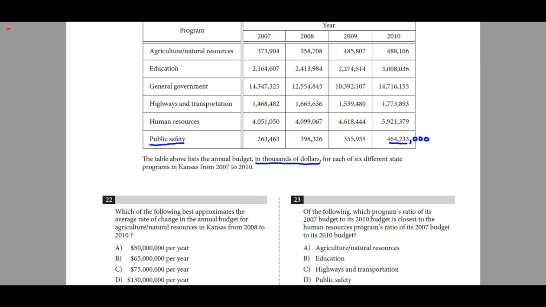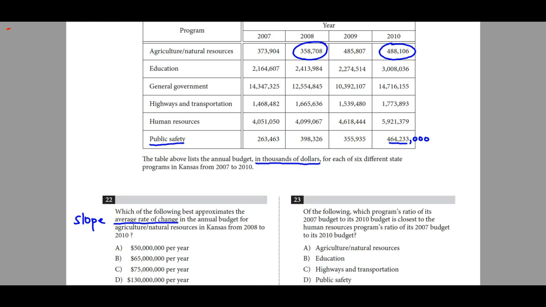So number 22 says, which of the following best approximates the average rate of change, aka slope if you were talking about a graphing problem, in the annual budget for agriculture from 2008 to 2010. So we have agriculture from 2008 to 2010, and they want to know the rate of change.